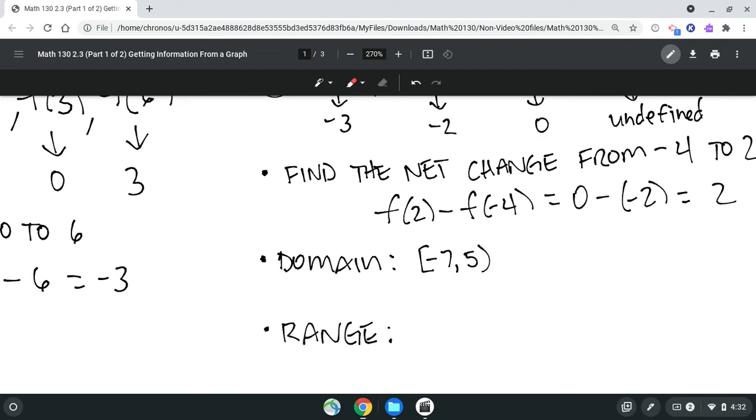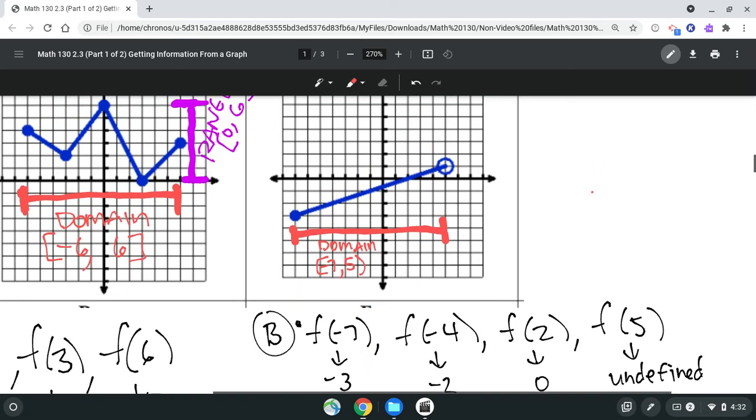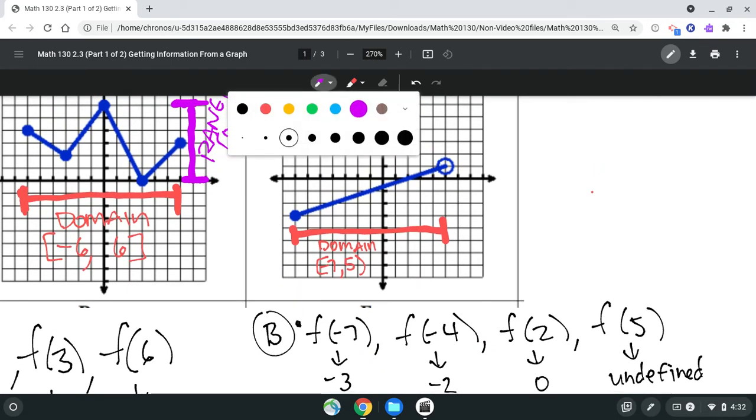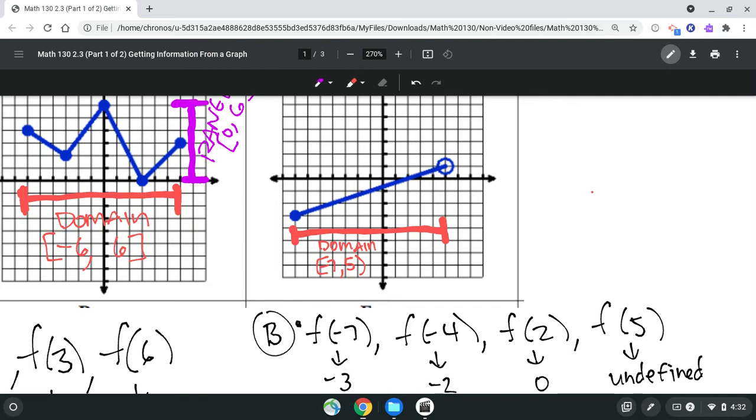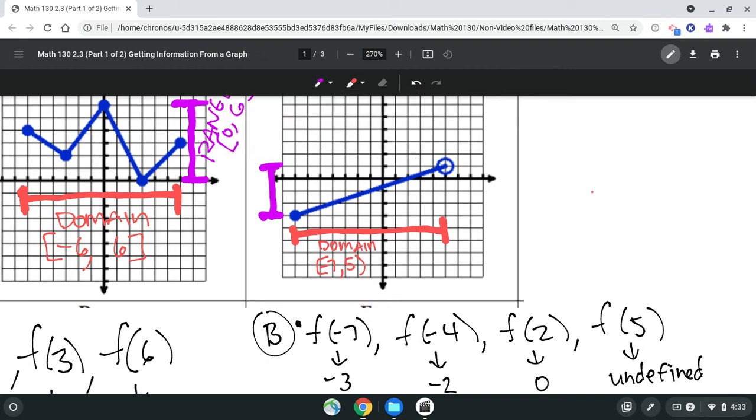So that's what you should have gotten. And then for the range, let's have a look. I will use purple. All right, so it looks like our range is from here all the way to here. Those are the y values that are being used. And so we can see here that our range is, what is that?